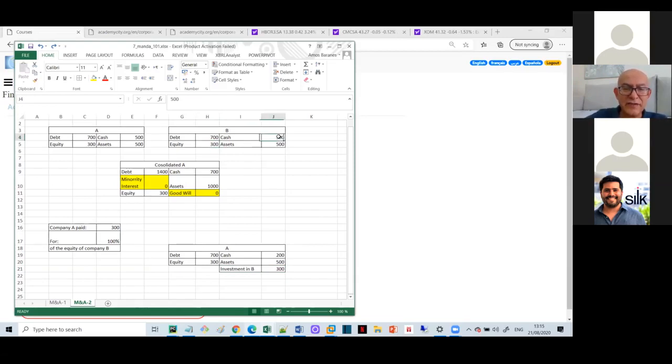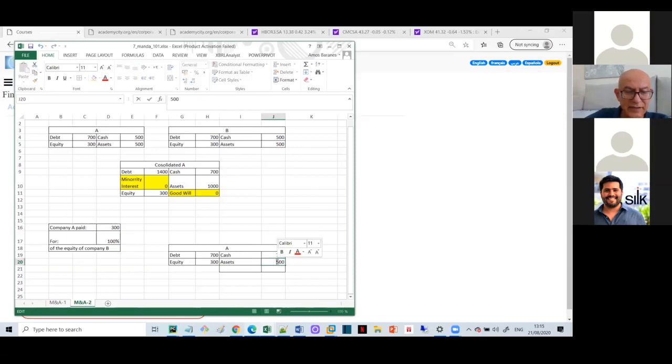It is the 1,000 in assets minus 700 in liabilities. So here we go. I'm going to remove this one, and instead I'm going to take that 500 and put it here. That will become 700. I'm going to take this 500 and add it to here.